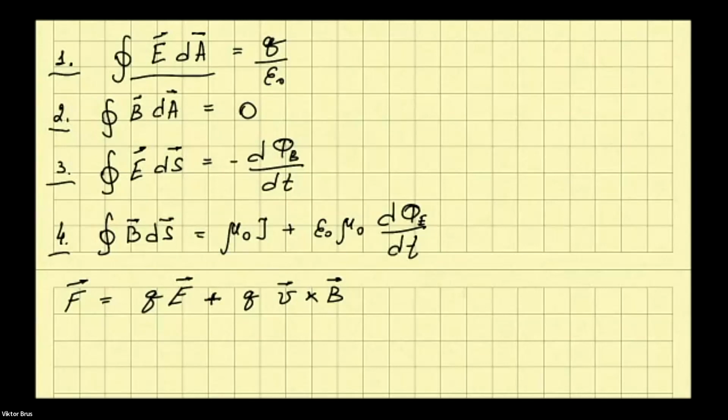It provides information about the total force exerted on an electric charge and consists of two components. The first one is the electric force, and the second is the magnetic force. So taking all this into account, we can describe any electromagnetic field and its interaction with electric charges placed into this electromagnetic field.